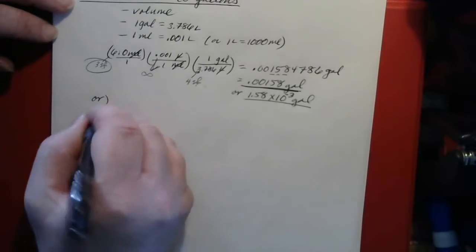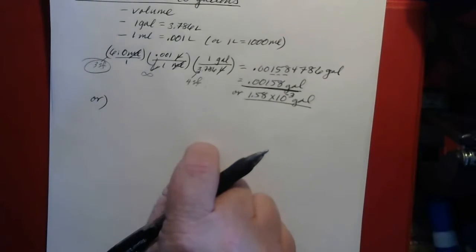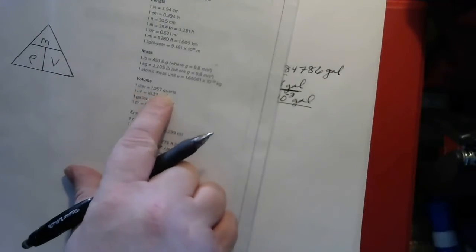And as just a demonstration, I've mentioned before that most conversions can be done in practically an infinite number of ways. And I thought I would just show you another way to do it. If you'll notice here, we had a conversion between liters and quarts.